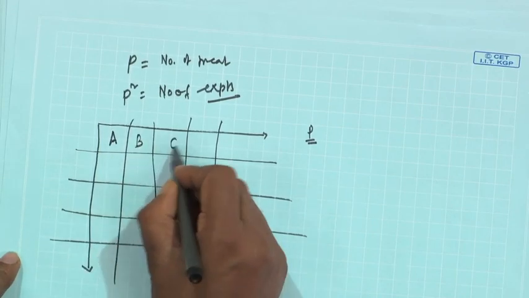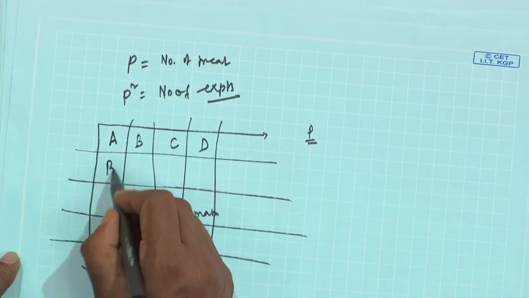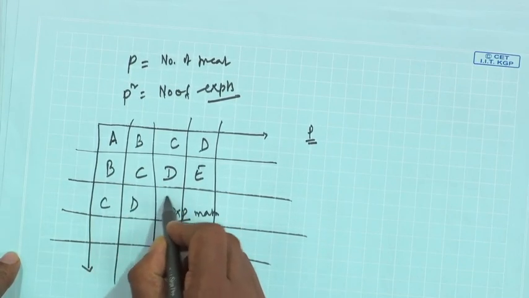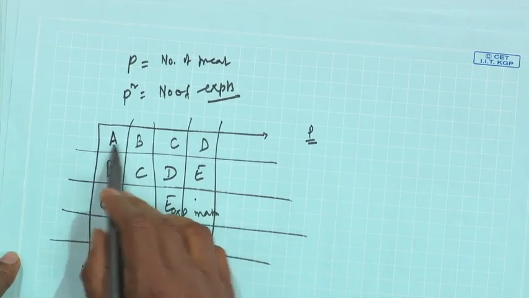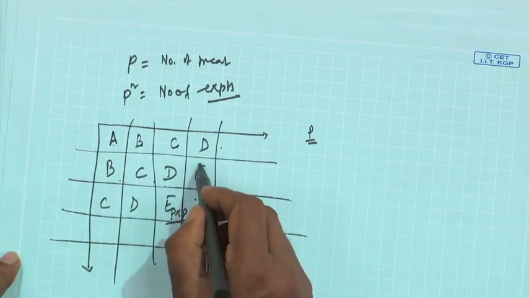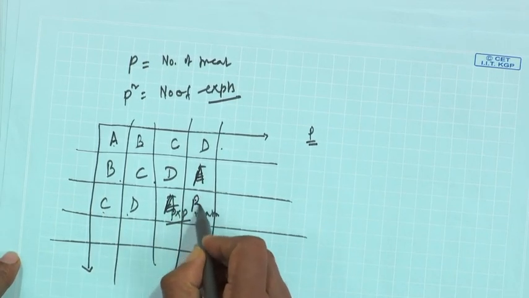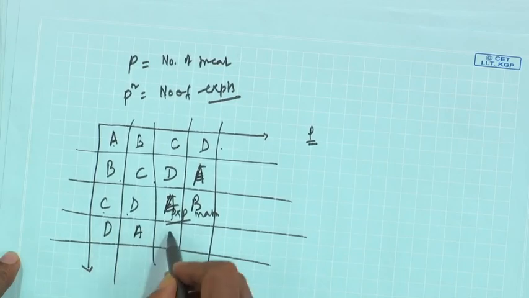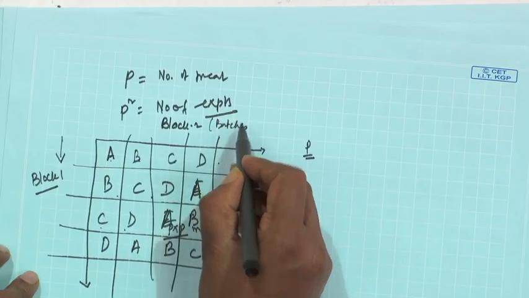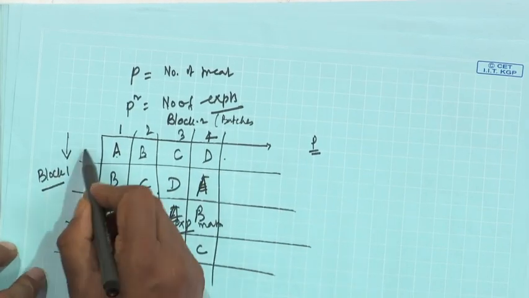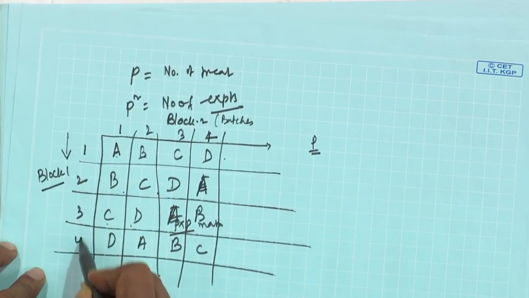Suppose A, B, C, D, then B, C, D, A, then C, D, A, B, then D, A, B, C. One nuisance factor is batches of raw material, raw material batch 1, batch 2, batch 3, batch 4, and the other is operator 1, operator 2, operator 3, operator 4.